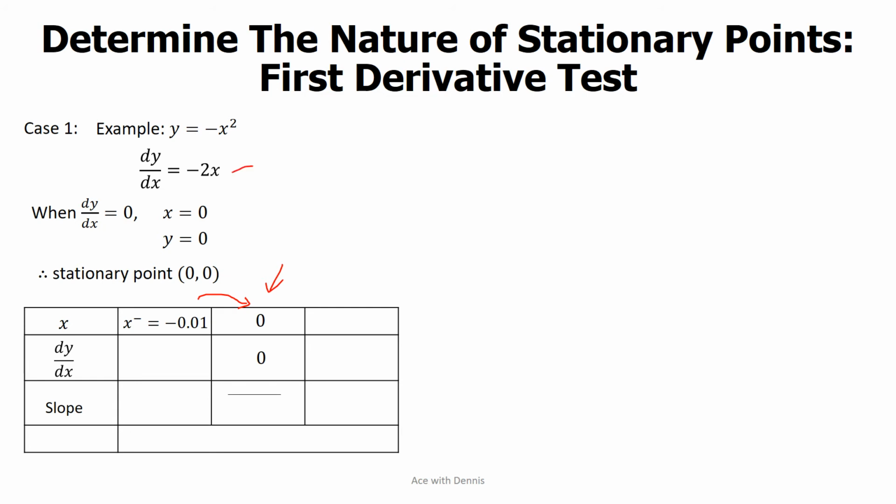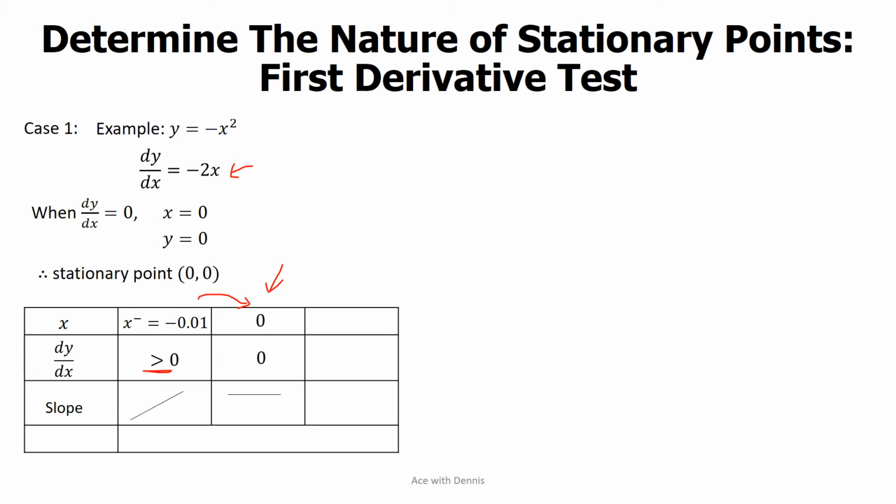I will get a positive value, so dy over dx is greater than 0. I don't have to calculate the exact value, just look at the sign. So if x negative is negative 0.01, dy over dx is a positive number, greater than 0.